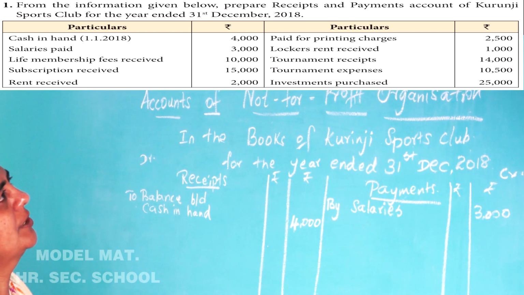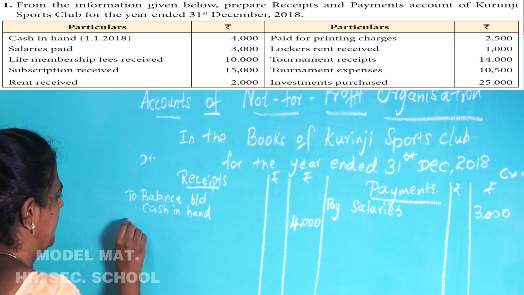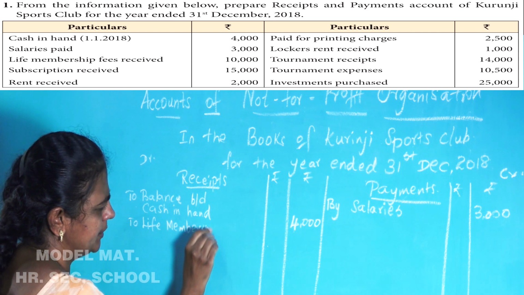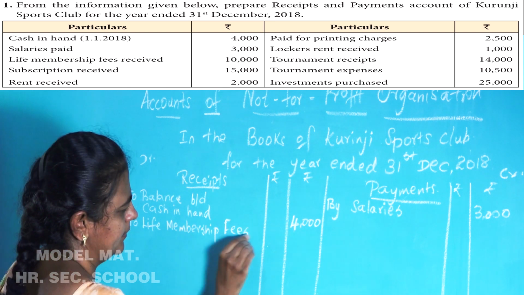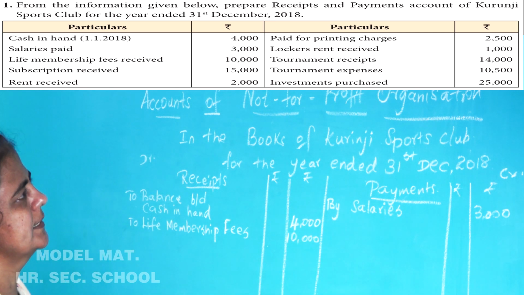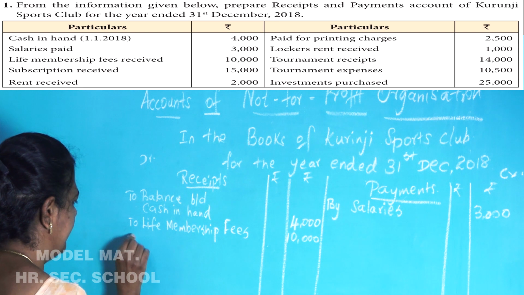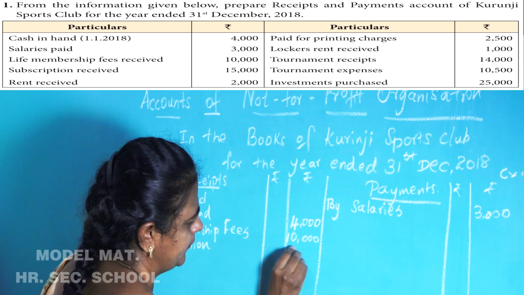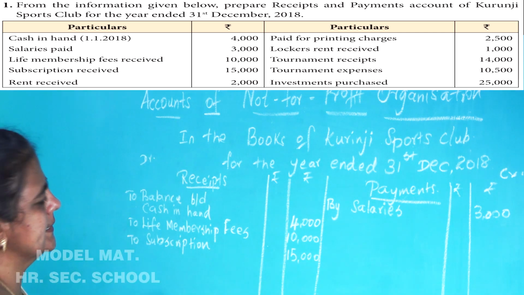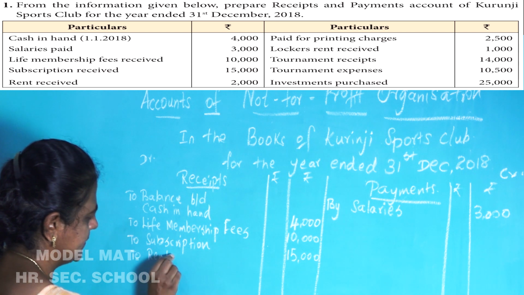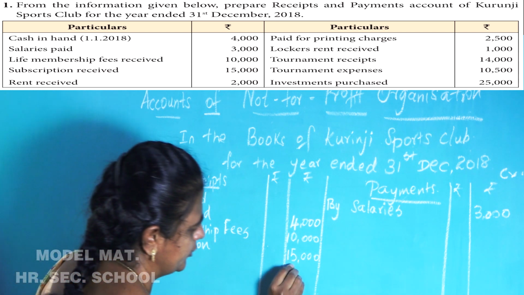Next is life membership fees received, rupees 10,000. Received, so it is receipts: to life membership fees, 10,000. Then subscription receipt 15,000, also received, so to subscription 15,000. Next rent received 2,000, also receipts, to rent received 2,000.